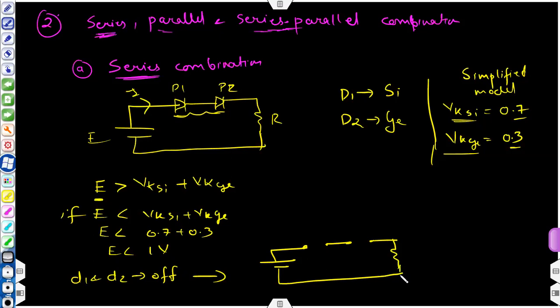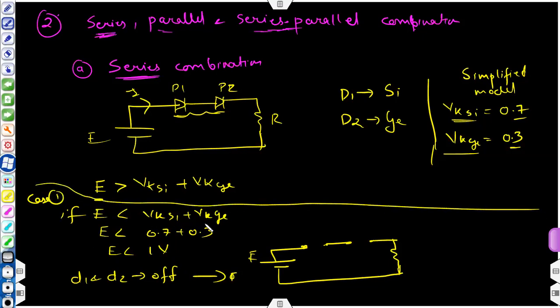Replace the diode with open circuit. So this is E. This is the case 1. E is less than Vk Si plus Vk Ge, so E is less than 1 volt. Open circuit, so I is equal to 0. Vr will also be equal to 0. Very simple.